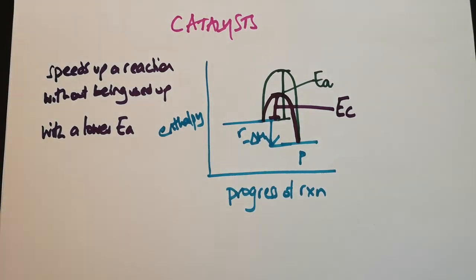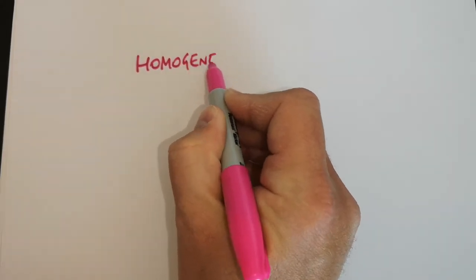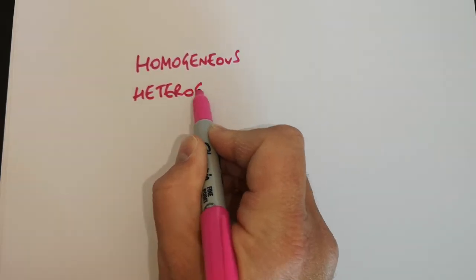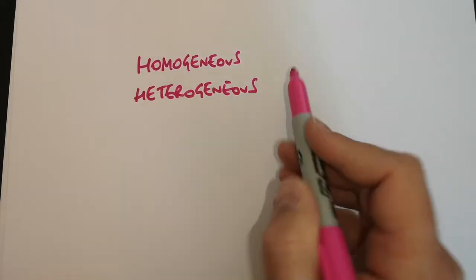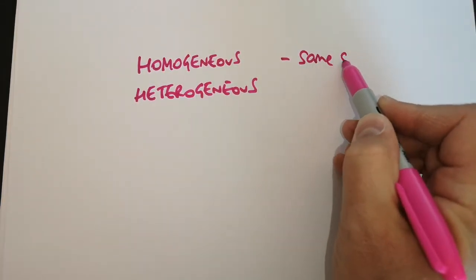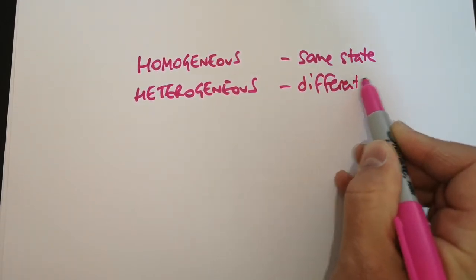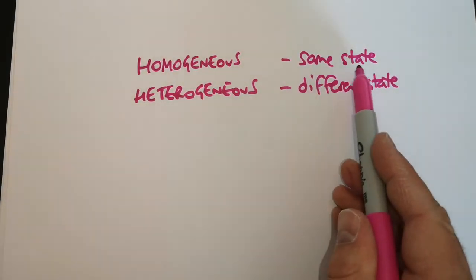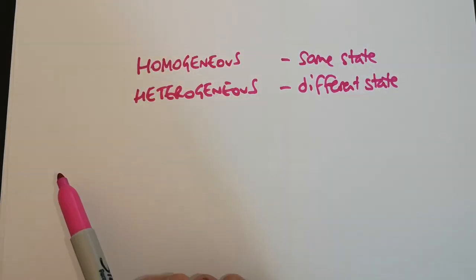Okay, so different types of catalyst can be classed as either homogeneous or heterogeneous. Geneous means state in this case. So homogeneous means same state, and heterogeneous means different state. So what that means is if the catalyst itself is in the same state of matter as all the reagents and the products, then it would be homogeneous.